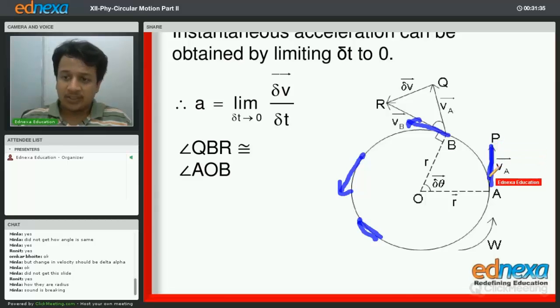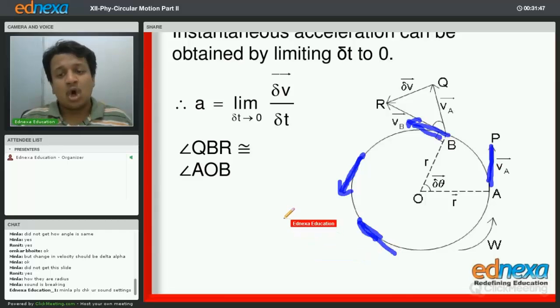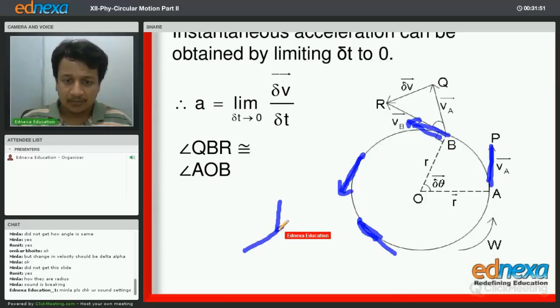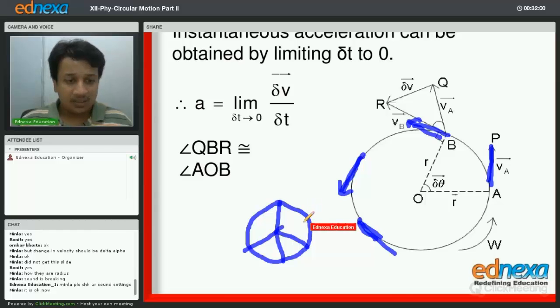If you join, this is one tangent, this is another tangent at point B, this is another tangent at point C, this is another tangent at point D. If you collect all these tangents at a common point, then it will create a circle. Is it right?